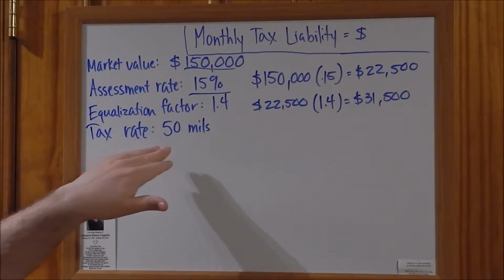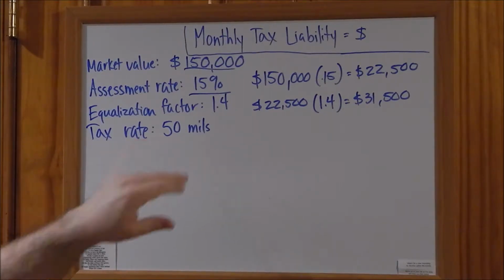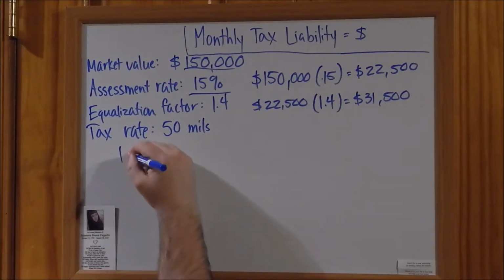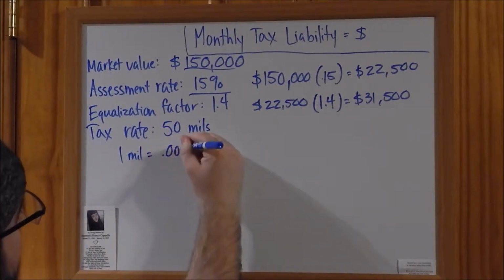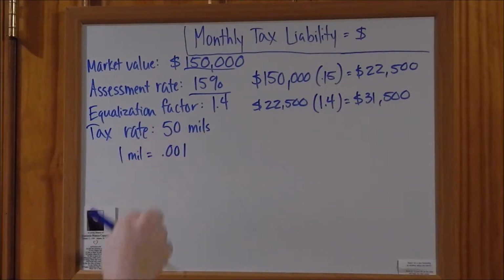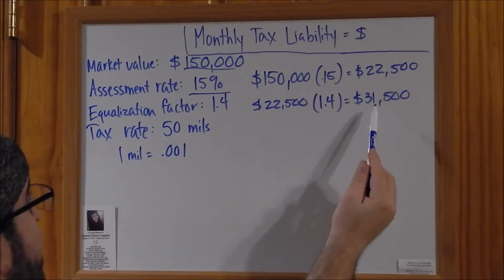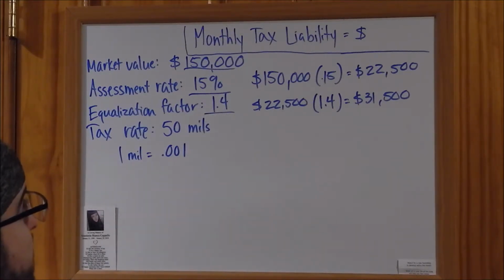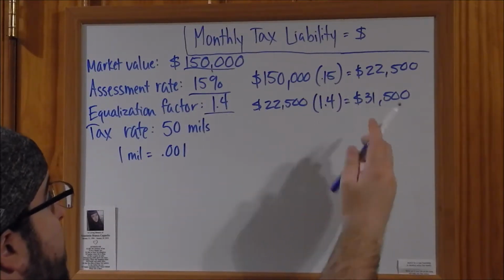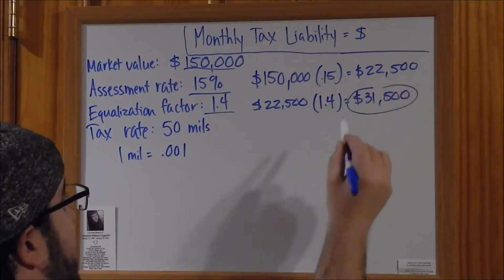Now your tax rate, again, we need to remember what mils is. 1 mil equals 0.001. This is what our tax rate is going to be. So they take this number that they calculated to be our assessed value multiplied by your equalization factor. So this is the amount that we're being taxed on.